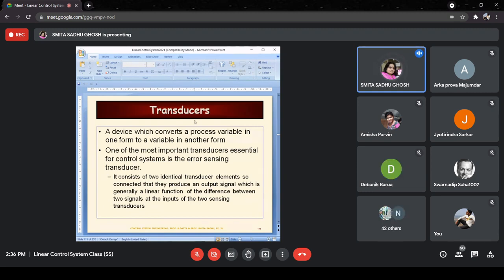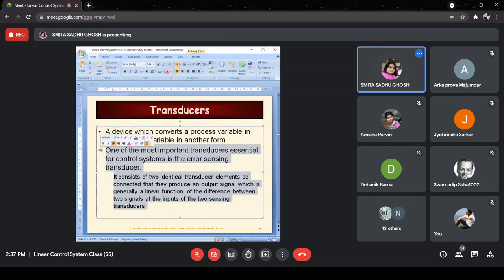A device which does that conversion is called a transducer. So you can see, a device which converts a process variable in one form to another form. I'm aware that you are already familiar with that. Now we are going to do some specific types of transducers which are used as parts of control systems. That would be the focus of this particular class.